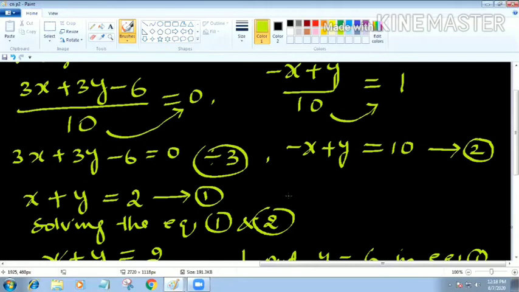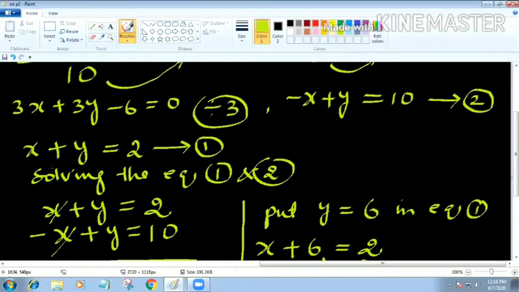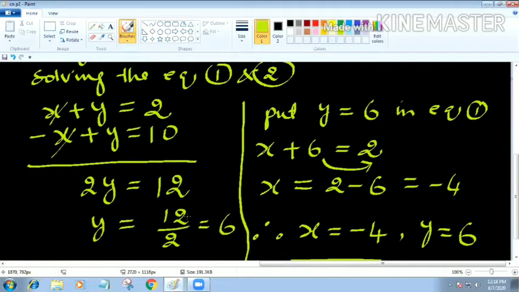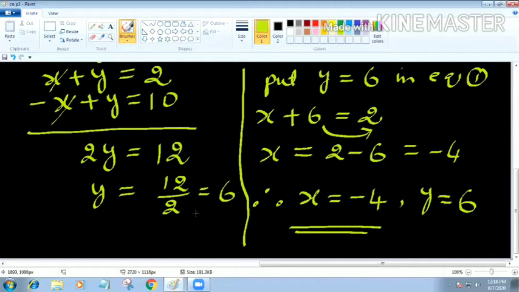We get two equations, x plus y is equal to 2 and minus x plus y is equal to 10, and solving both the equations we get x is minus 4, y is 6. So this is how we do this problem.